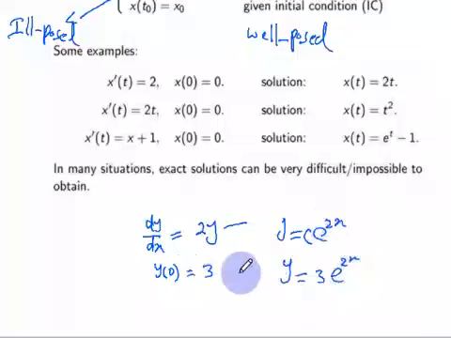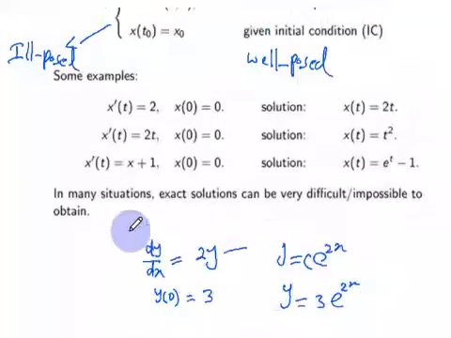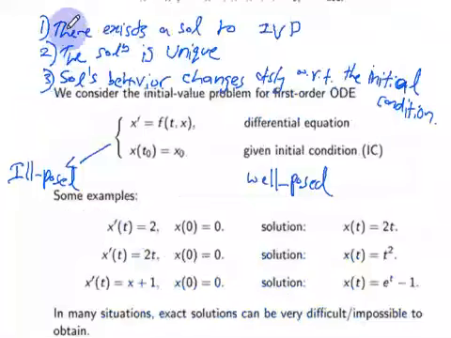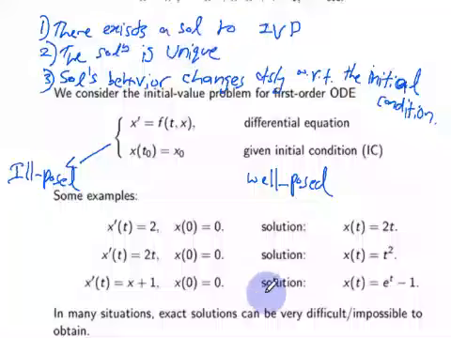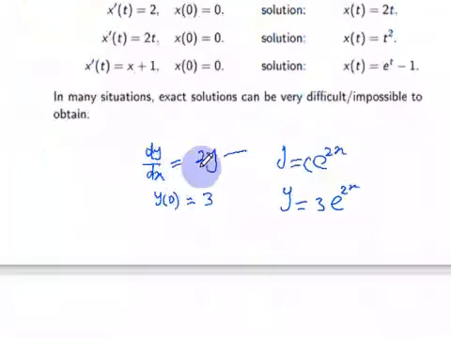So this is a solution to this problem. So we can say there exists a solution to this system. So this first condition is satisfied: for this initial value problem, there exists a solution.